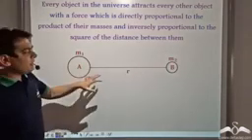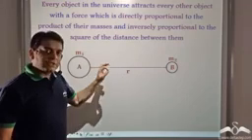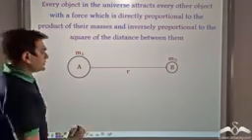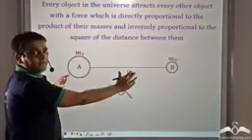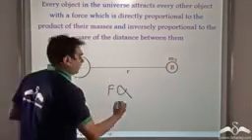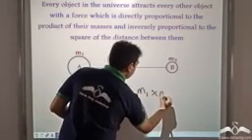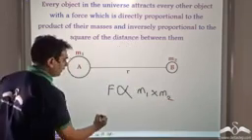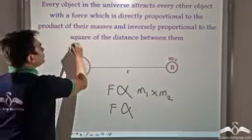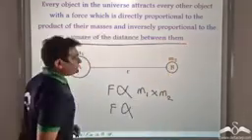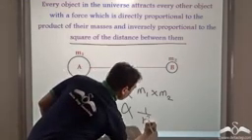Then A and B attract each other with a force known as the gravitational force, and this force is directly proportional to the product of the masses of A and B, that is m1 into m2. Further, F is inversely proportional to the square of the distance between them, that is 1 by r square.